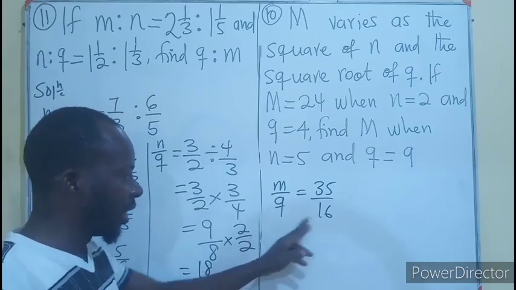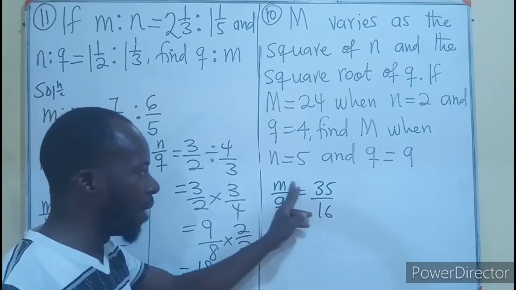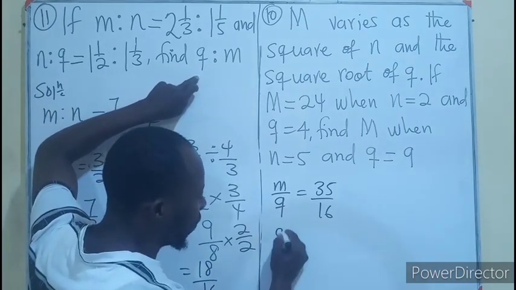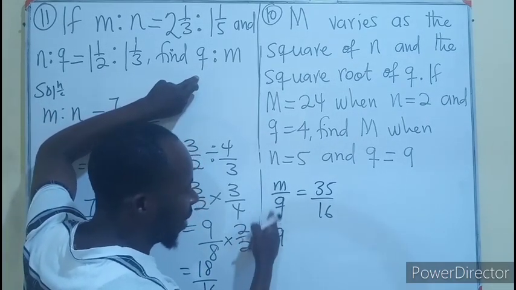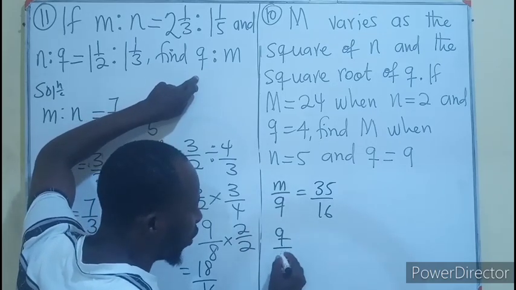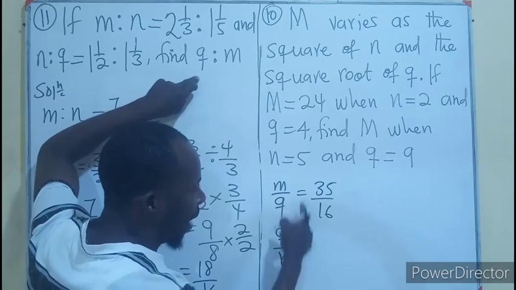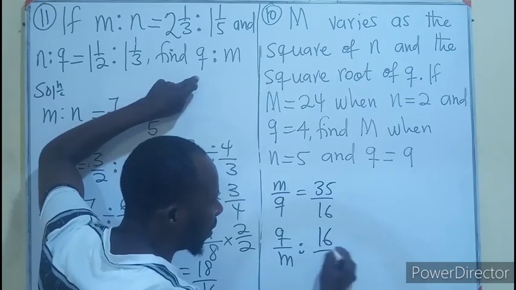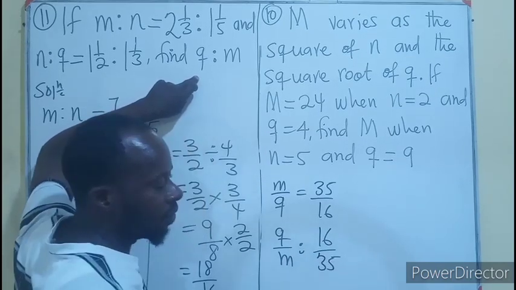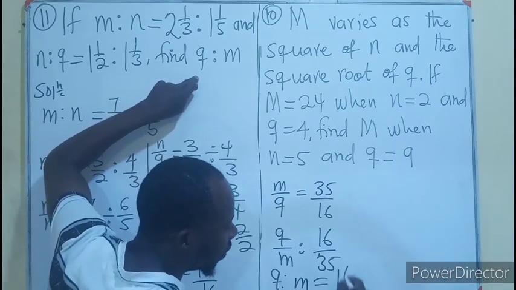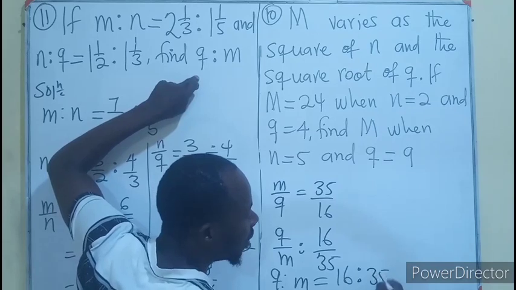It means that this is 16 as q, m is what? 35. We have to express q first. So if I want to reciprocate this, it will be q over m. Then I have to reciprocate this to become 16 over 35, which is the same as q is to m equals 16 is to 35.